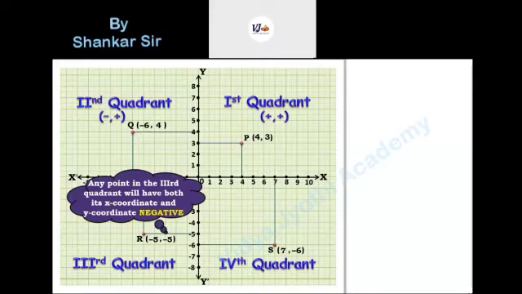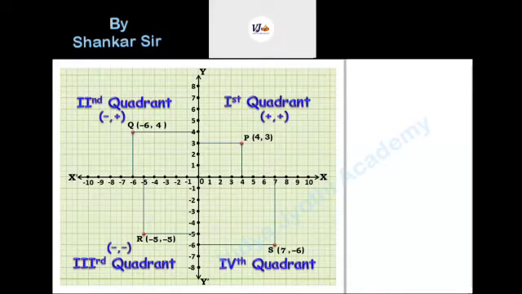In the third quadrant, both are negative. In the fourth quadrant, x is positive and y is negative. Yes. Shall I go to the next topic?